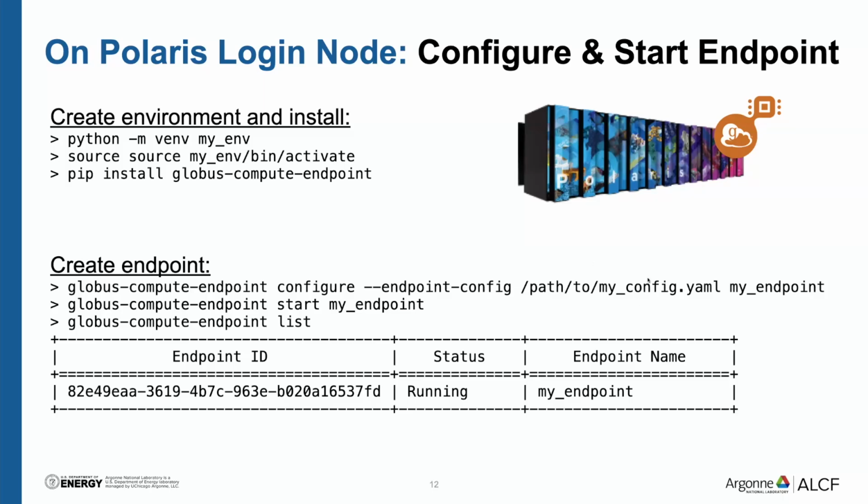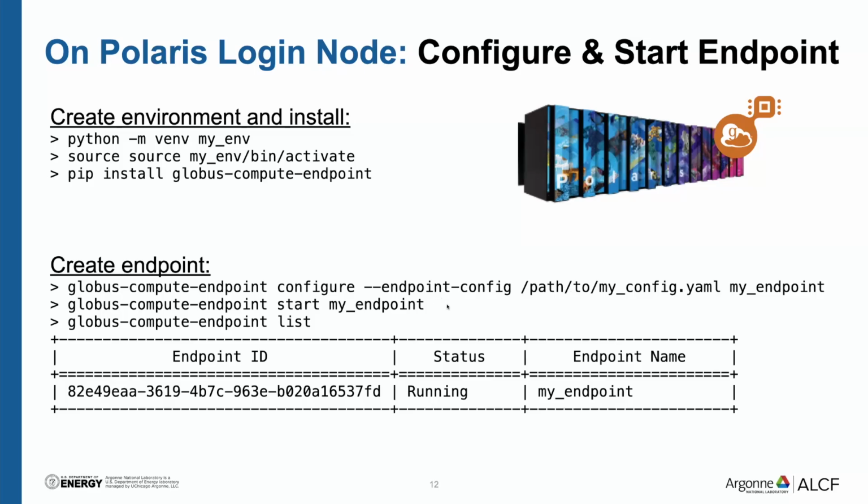But suppose you have that file, you will configure the endpoint with your config file, and you will call it my endpoint. This is the name of the endpoint now. Once you've configured it, you need to then start it. So all you've done is you've created essentially a space on Polaris where you have a bunch of configuration options.